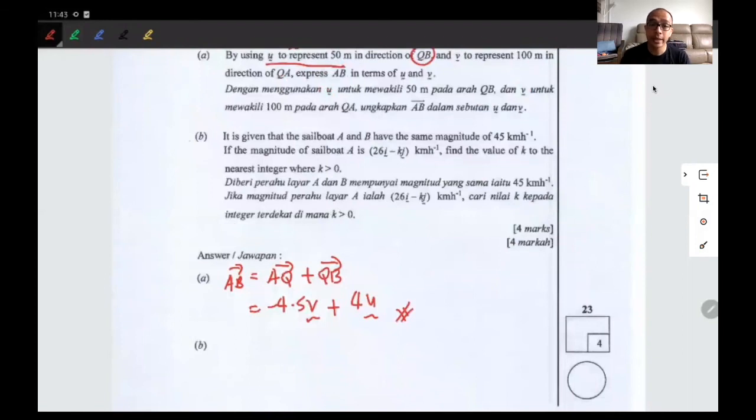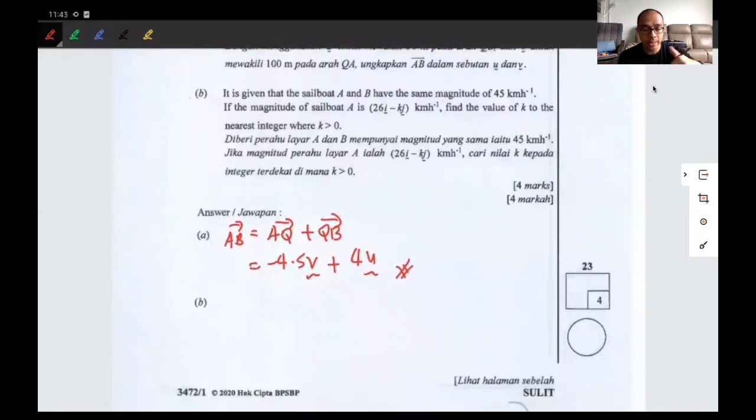It is given that sailboats A and B have the same magnitude of 45 kilometers per hour. The velocity of sailboat A is 26i minus kj. Find the value of k. This is a magnitude question. How do we calculate magnitude? It's the same as Pythagoras theorem: the square root of 26 squared plus k squared equals 45, because you're already given the magnitude.